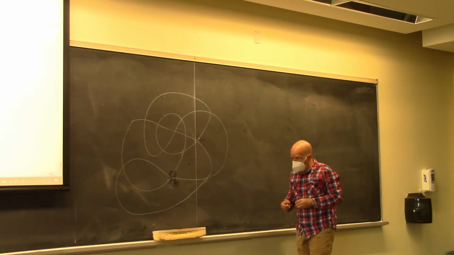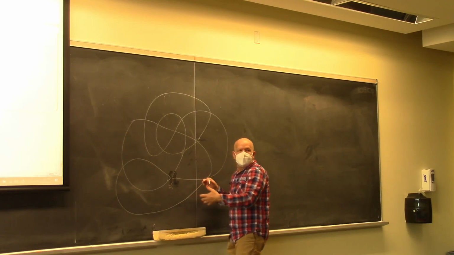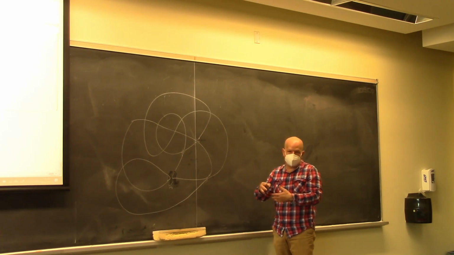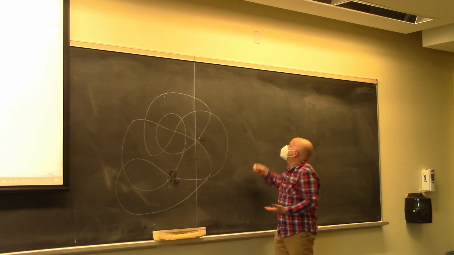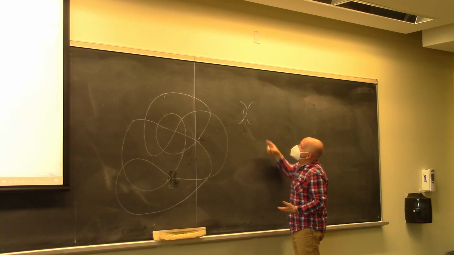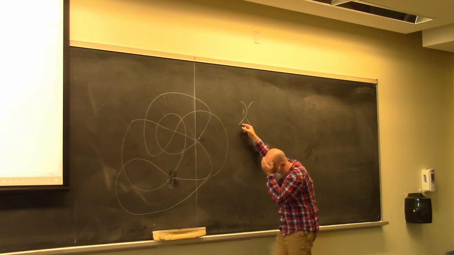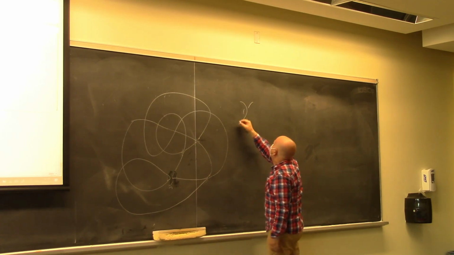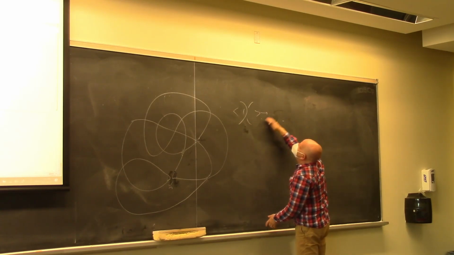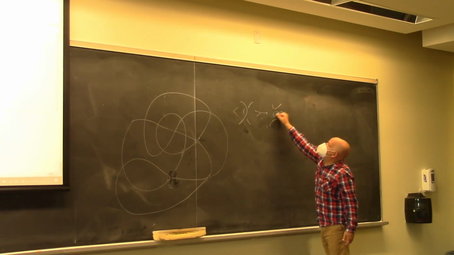And the resulting smoothing or partial smoothing might end up being identical to some other partial smoothing. So we've seen this. When we were trying to prove the invariance of the Kauffman bracket under Reidemeister 2, one of the terms in the resolution was a term like this, which simplified.